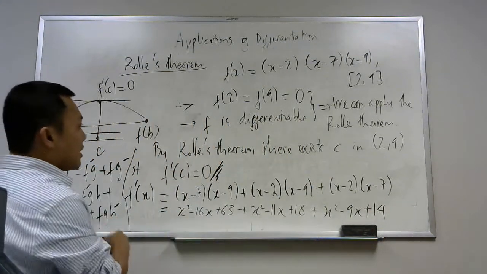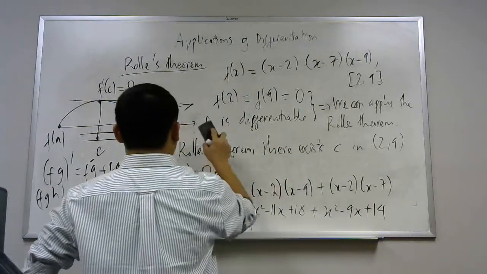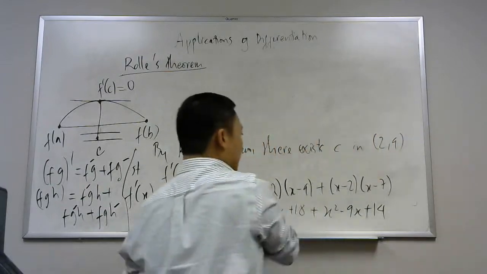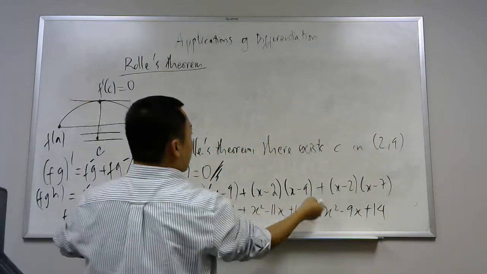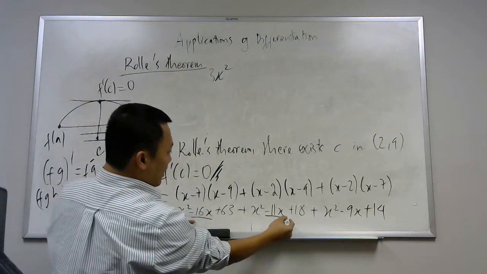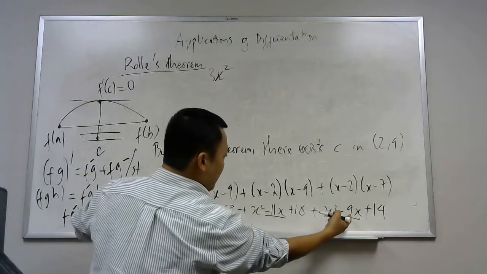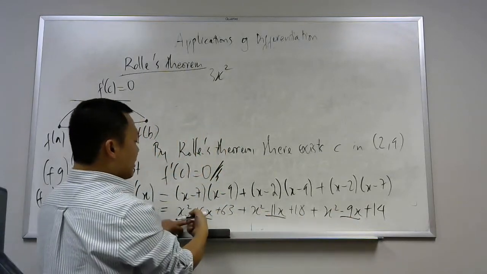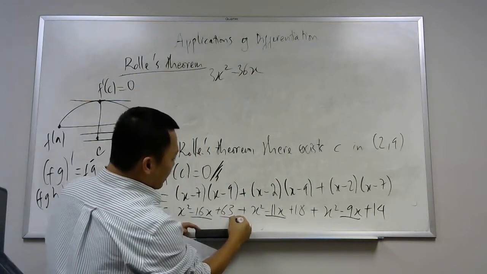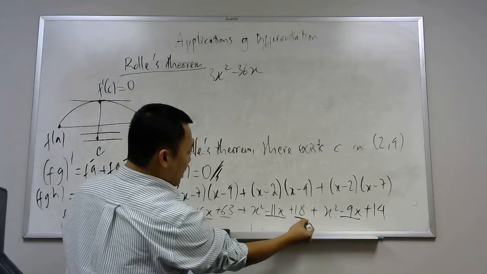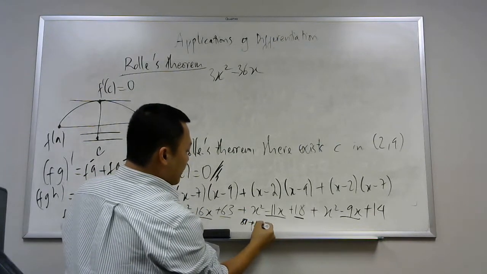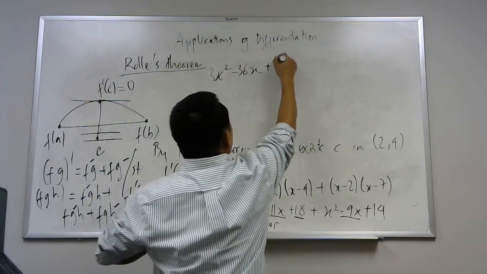Let's simplify everything. So x squared gives 3x squared. Negative 16, negative 11, and negative 9: 11 and 9 is 20, plus 16 is 36, so negative 36x. And then 63 plus 18 is 81, plus 14 is 95, so plus 95.